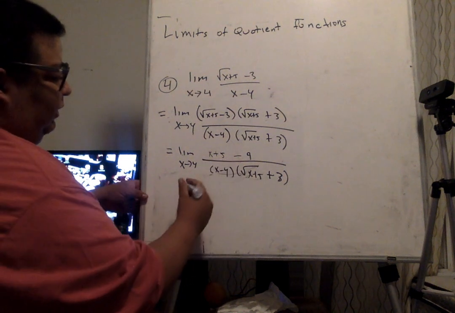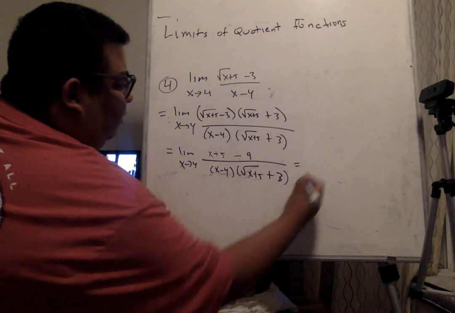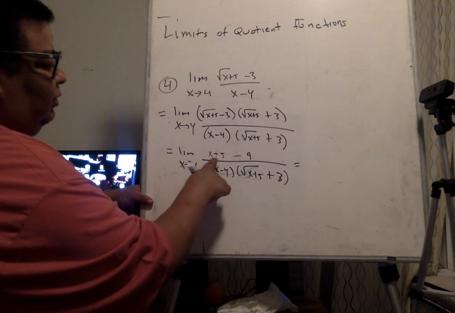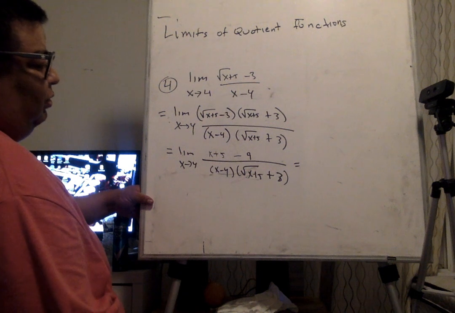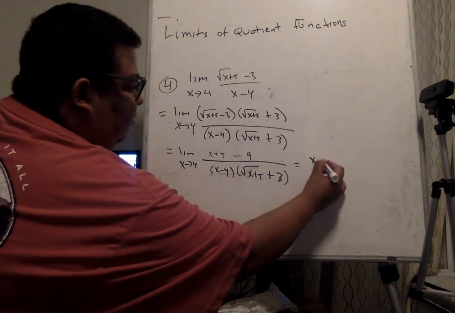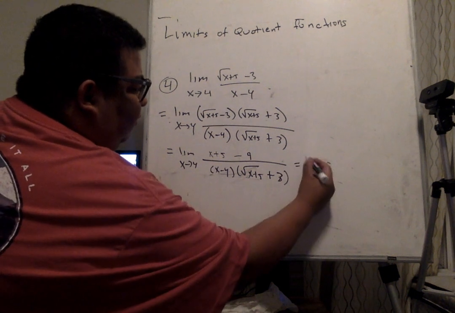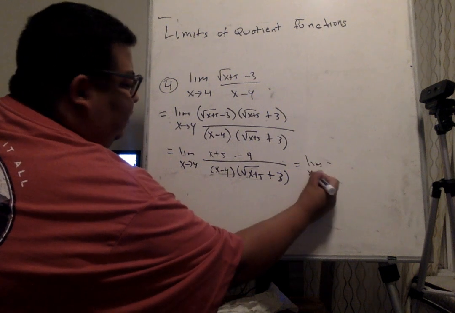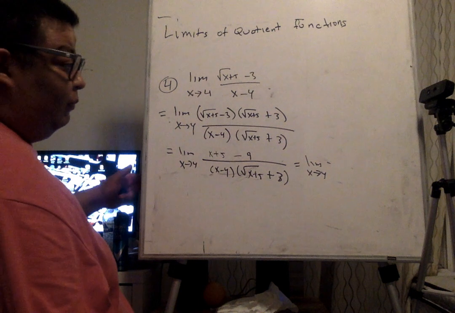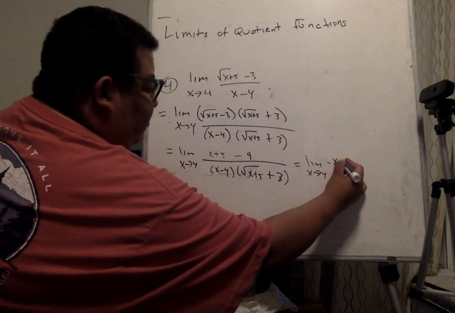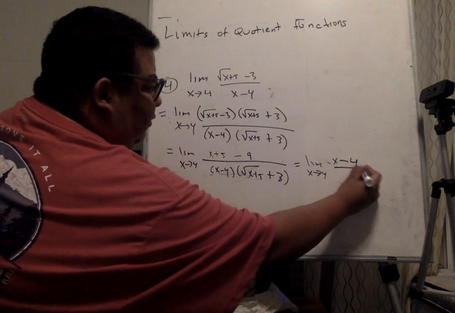Okay, so let's combine like terms. So top is gonna be x plus 5 minus 9 is negative 4, so that would be x minus 4. Let's do limit as x approaches 4 of x minus 4.